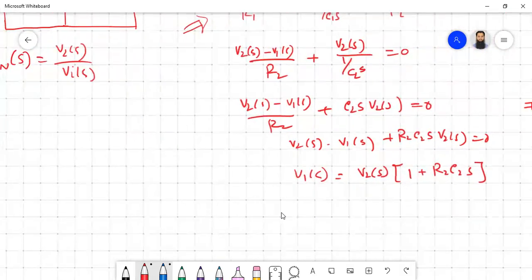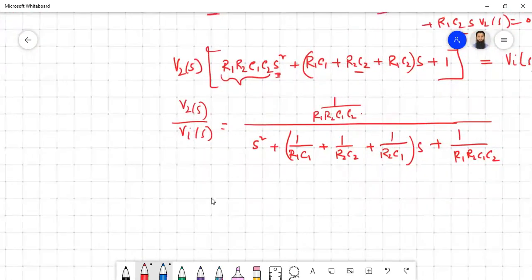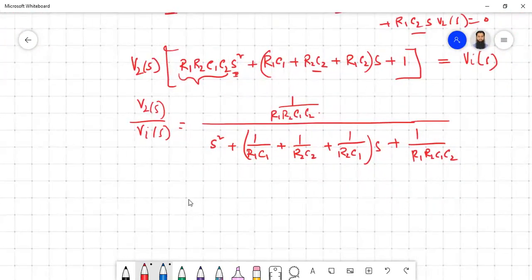But here we can see that the rest of the parameters are the same, and this is an additional parameter. So what we can say is that G equivalent, which can be obtained from the multiplication, is not equal to the G of the connected network. So one branch is actually loading the other branch. One subsystem is actually loading the other subsystem. So that is why the cascading cannot be applied for this particular network.